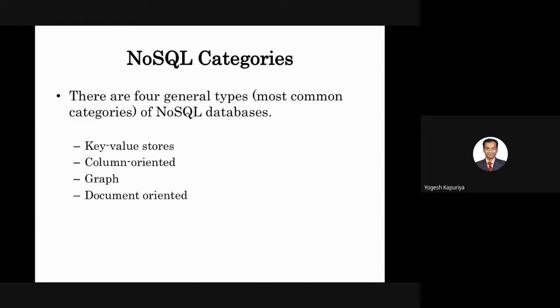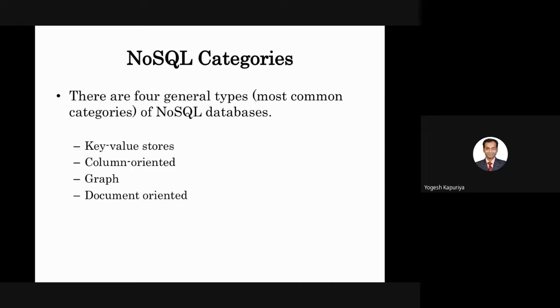Now, as I told you, there are different types of variations which are required to be taken care of when you talk about variety, that is the third V of big data. Depending on the variations in the application, there are different database technologies in the market.